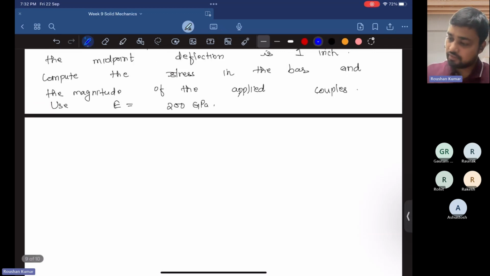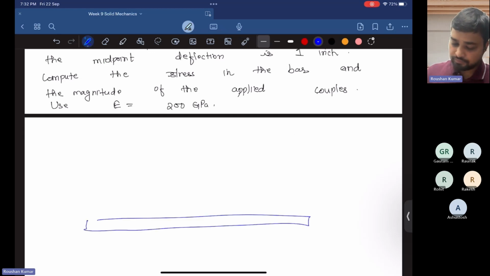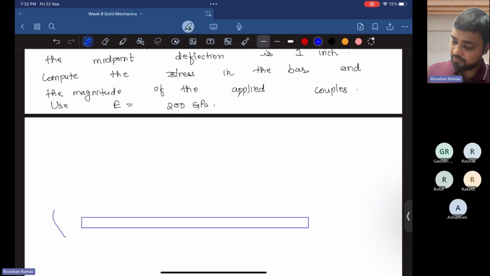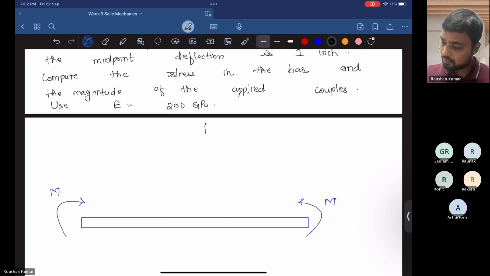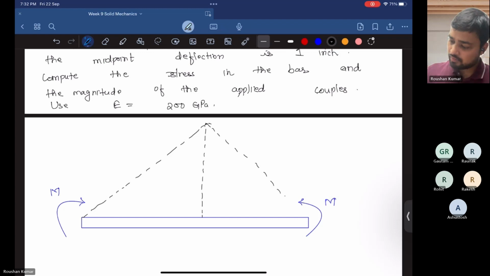I am drawing it. First we have a beam, a flat steel bar, and from the ends we are applying end couples of M. Then we have the cross section.